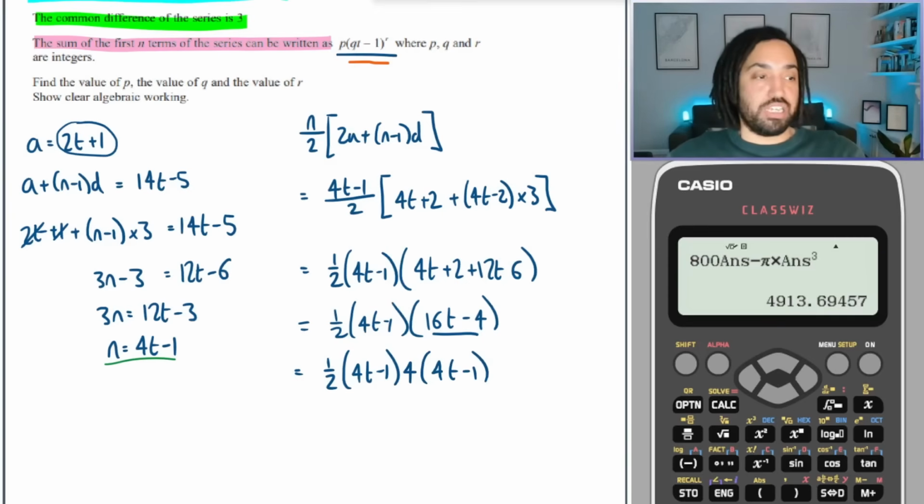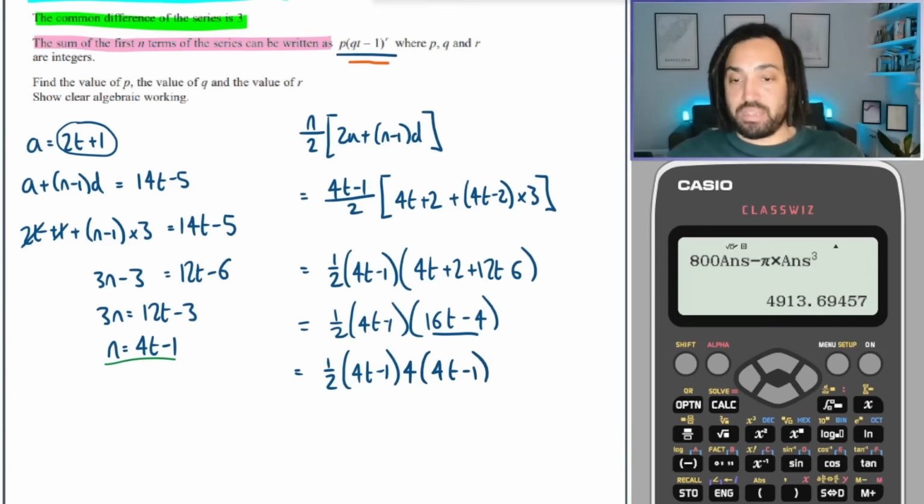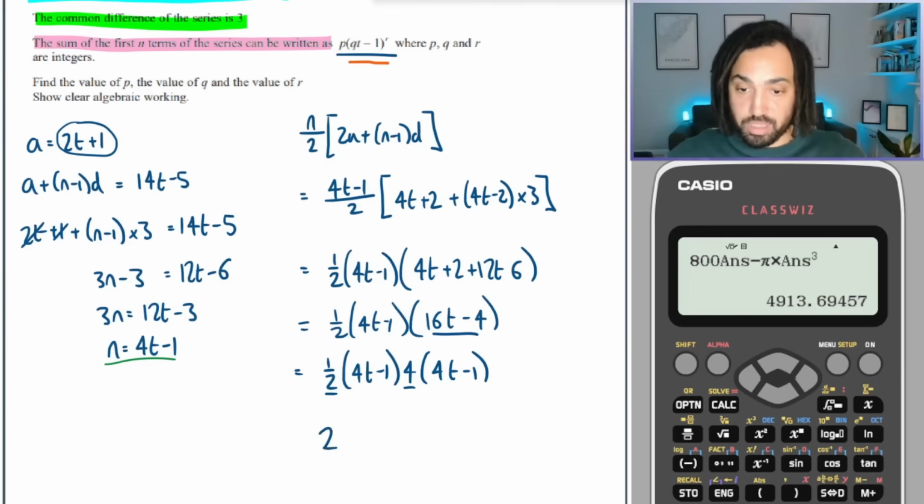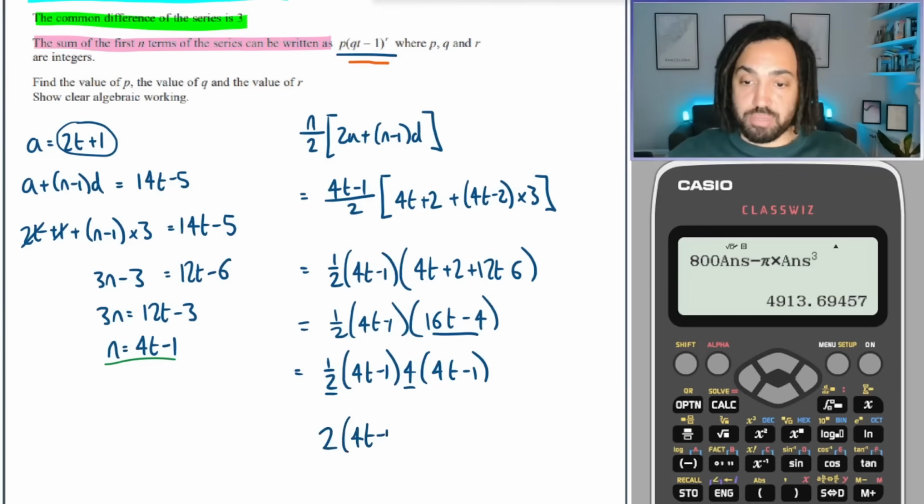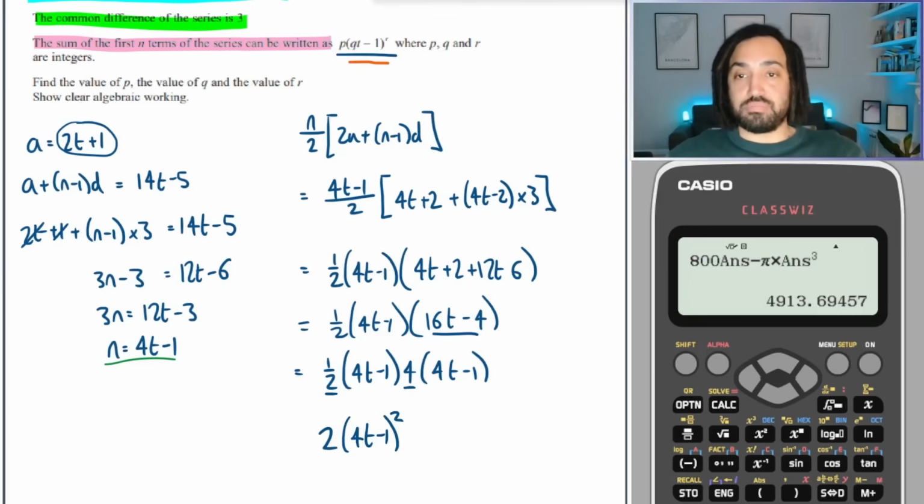Oh, that's brilliant. That is absolutely lovely. We have a half times by 4, which is just 2, and we have this 4t minus 1 times by itself. So that's squared. And that's it. That is the perfect form.